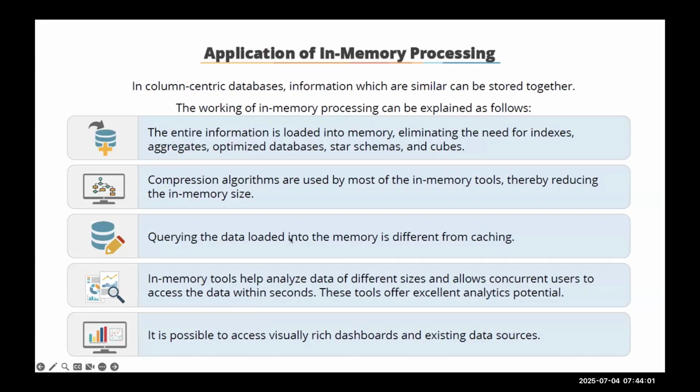So caching is, let's suppose you have some data that you want to read frequently, and that data is on the disk. Reading from disk is more time consuming than reading from memory. If reading something from disk takes 1 second, then if it is stored in memory, you will need just 1 microsecond to read it.